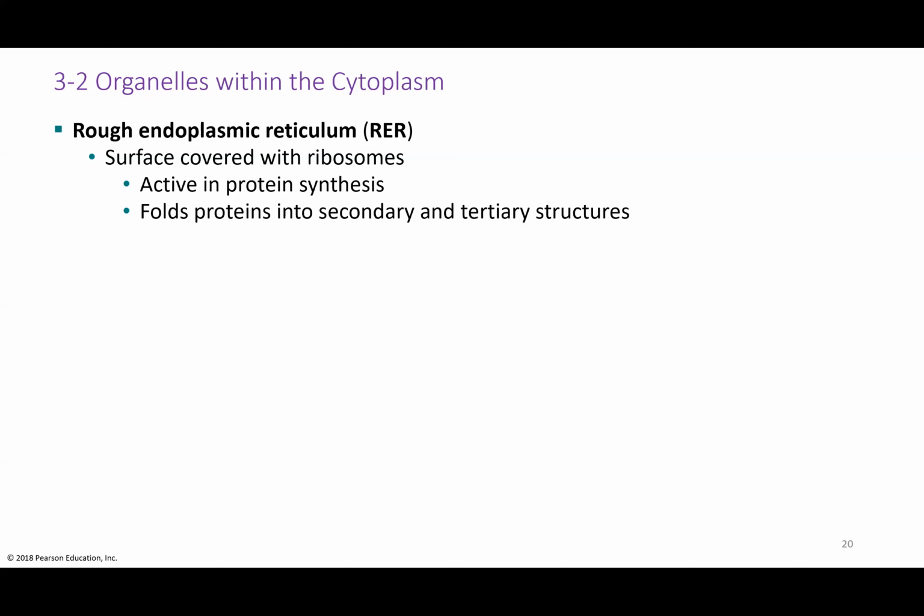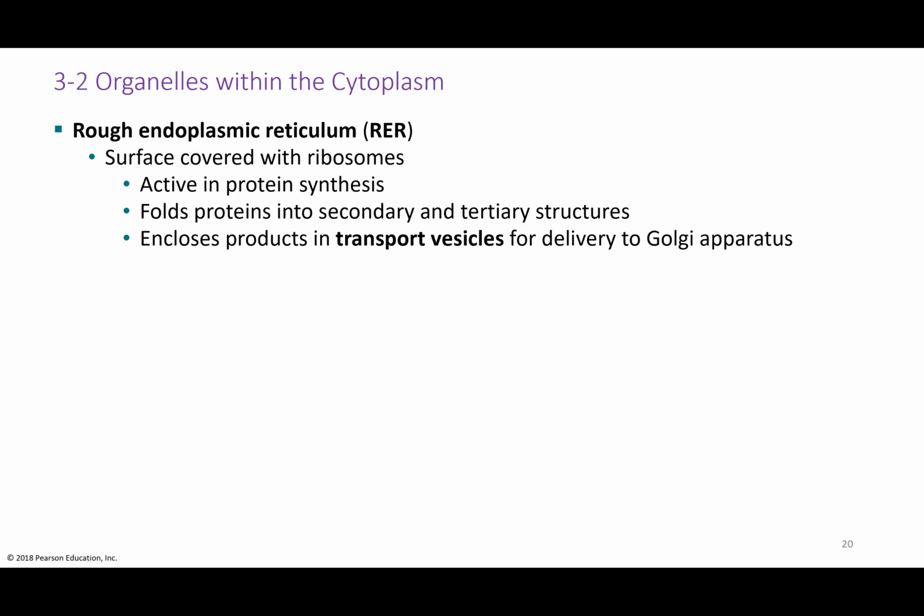At the rough endoplasmic reticulum, you have that polypeptide chain that forms, and then it folds that protein into secondary and tertiary structures. It doesn't fold it all the way into a quaternary structure, just secondary and tertiary. It then encloses those partly formed proteins into transport vesicles that travel to the Golgi apparatus, which we'll talk about in just a second.